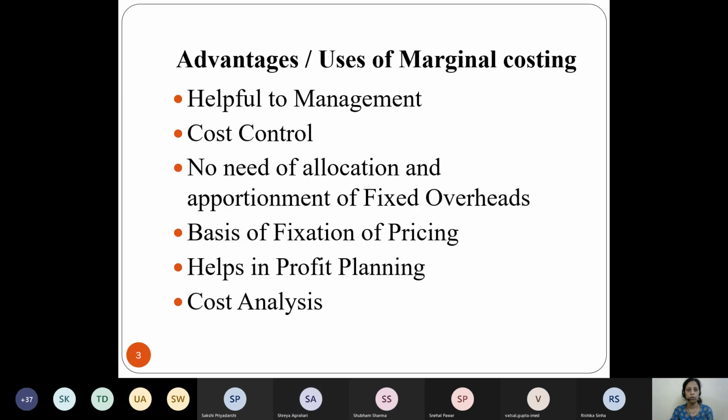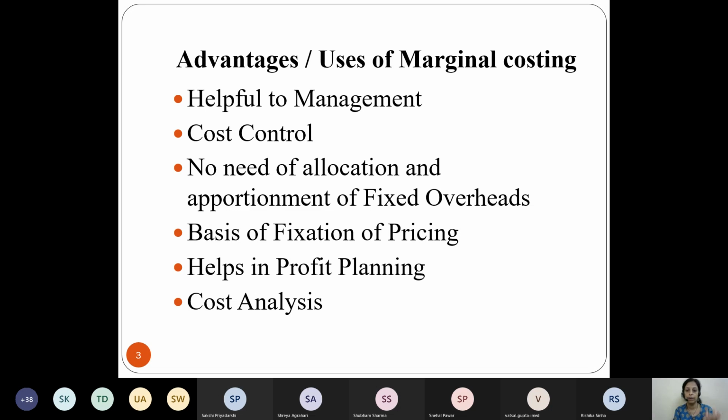Okay. Now, what is the usefulness? What are the advantages of marginal costing? First and important point, as it is a technique of management accounting, it is helpful to management in carrying out various functions. Helpful to management means it is helpful in all functions of management. First point, planning. If you know the cost of the product in advance, you can plan for the future.